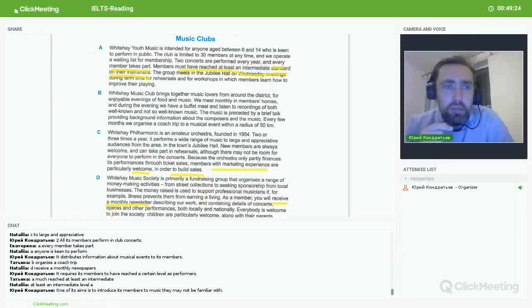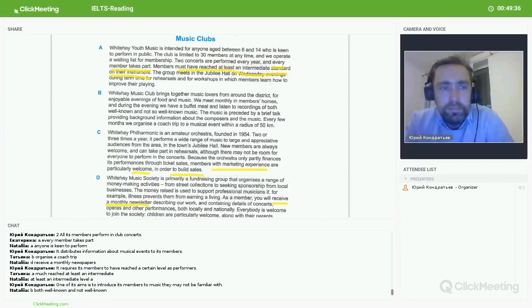So it's text A, text B, or text C. Okay, Natalia, B, both well-known and not well-known. Are there any other variants?